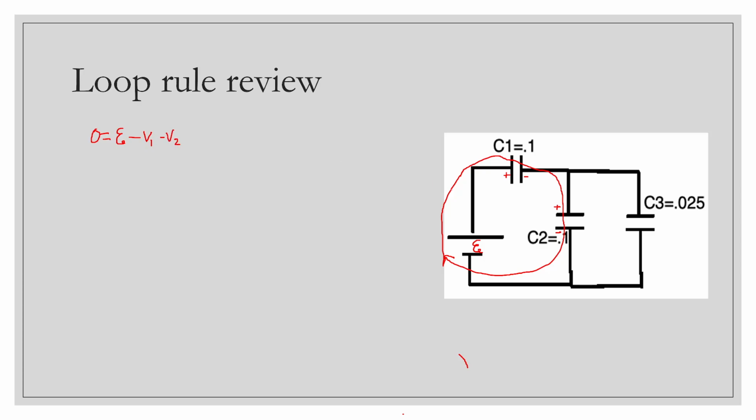The second loop we could add goes from here through C3 instead, again in the same direction.